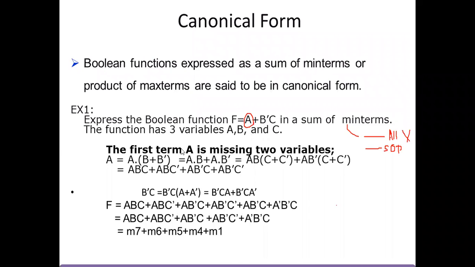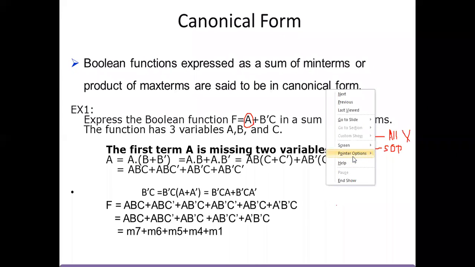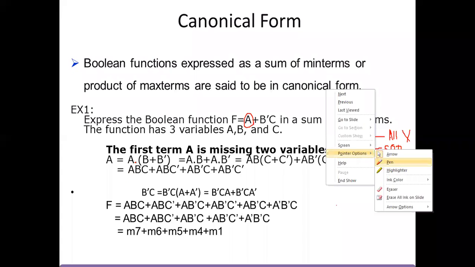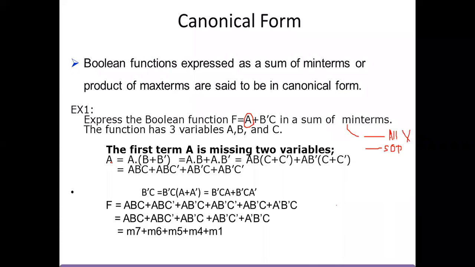In the first term A, it is missing two variables, B and C. We have to include the two variables somehow, so we are using a trick here. A is not changed if it's multiplied by 1. Okay. A equals A dot 1.